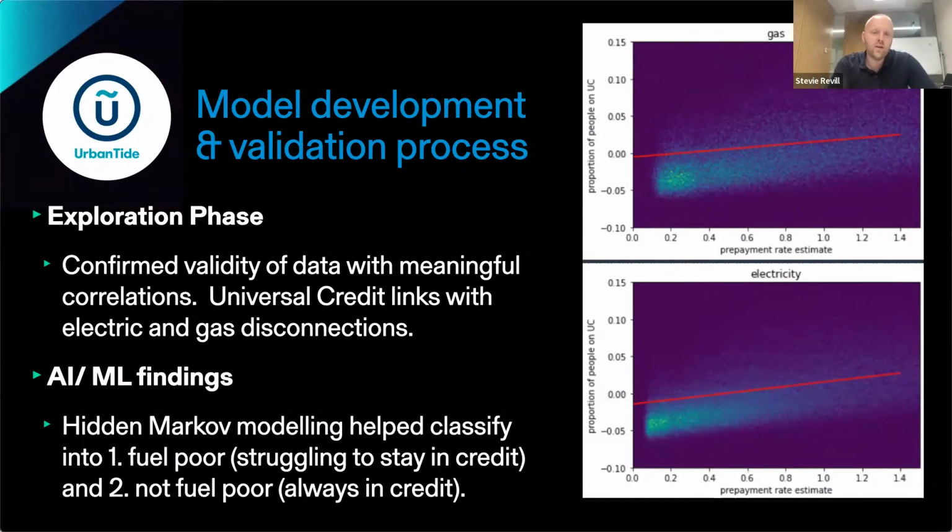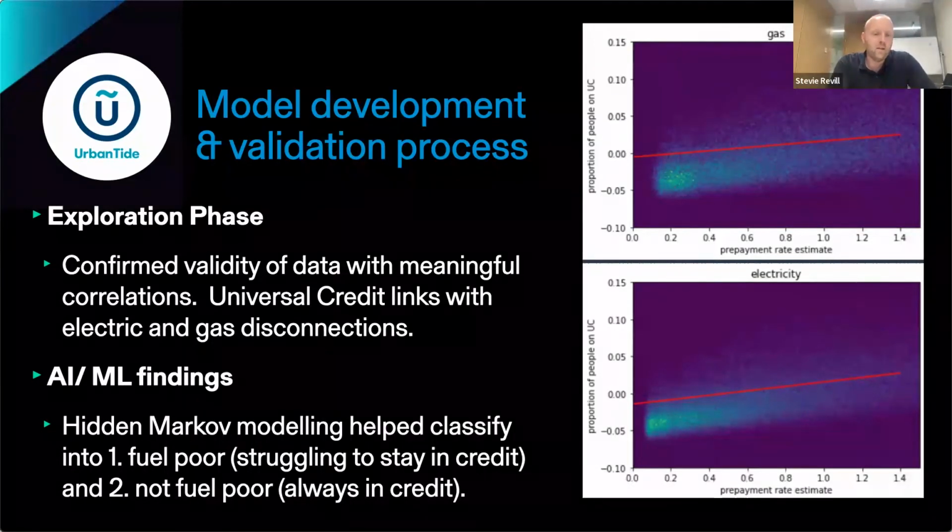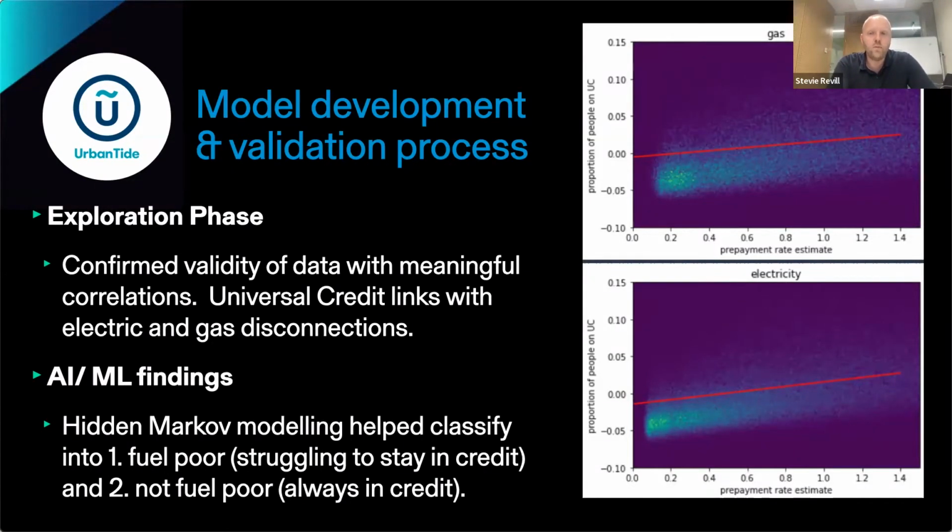So on the right hand side, you can see graphs that show as prepayment meter propensity goes up, so areas with more and more prepayments, that also links with people on higher universal credit. So that goes across the whole of the country. As that goes up, so does the prepayment meter connections.